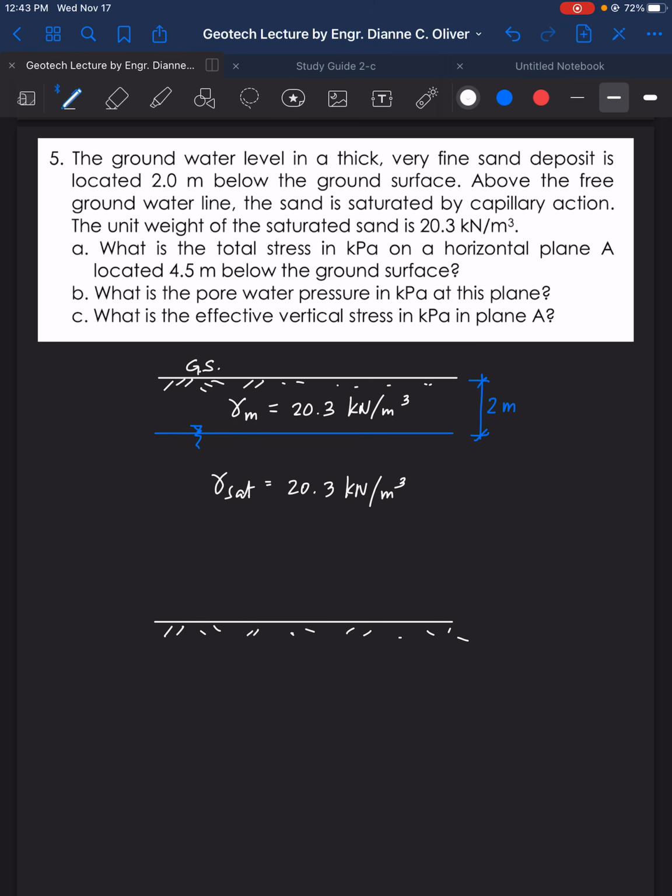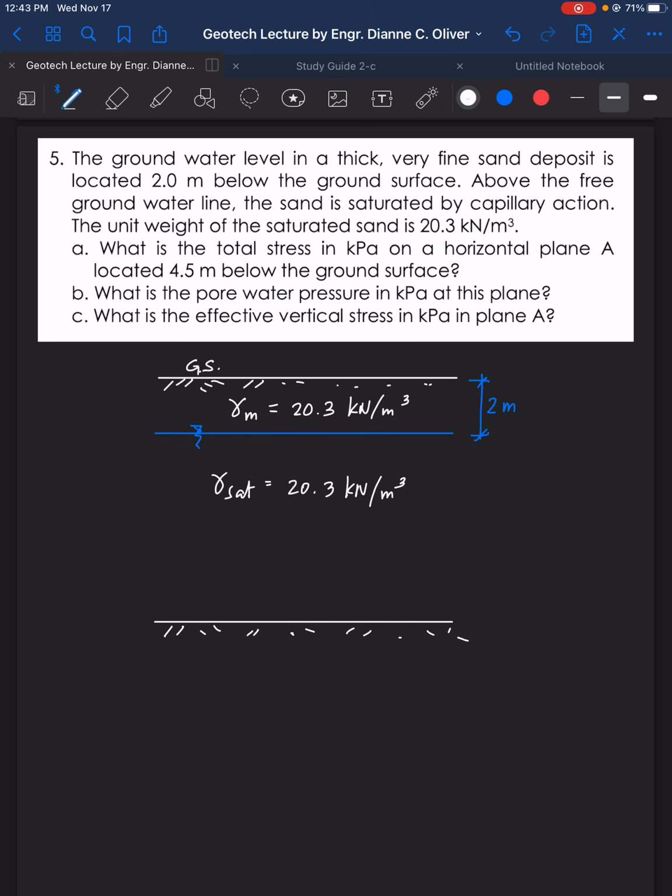Then there is no other given, just that. The saturation of sand is 20.3. So we will use gamma moist 20.3 kilonewton per cubic meter and gamma sat 20.3 kilonewton per cubic meter. Okay, so let's go to letter A.